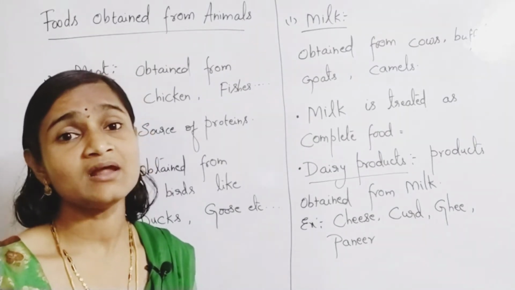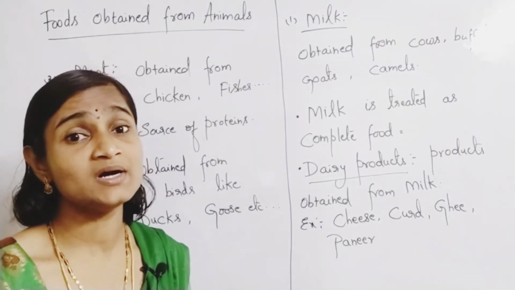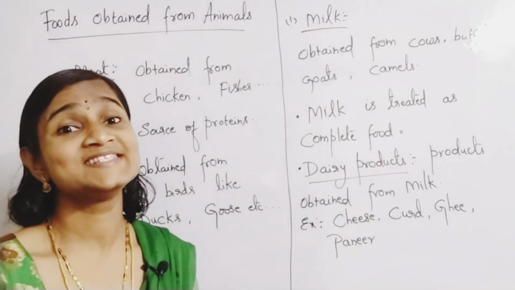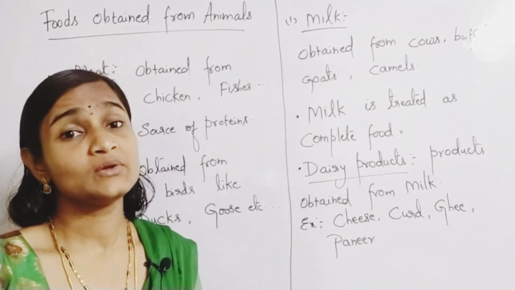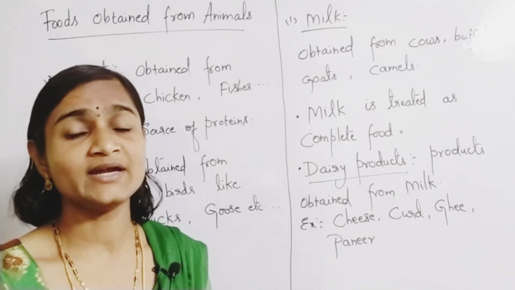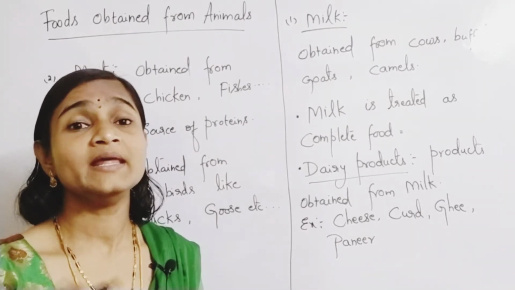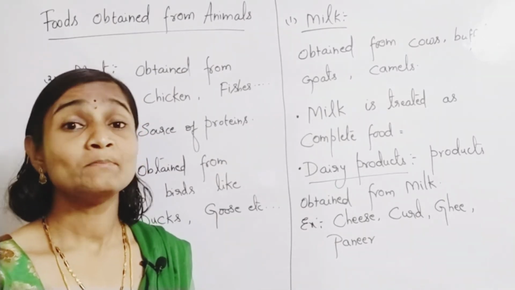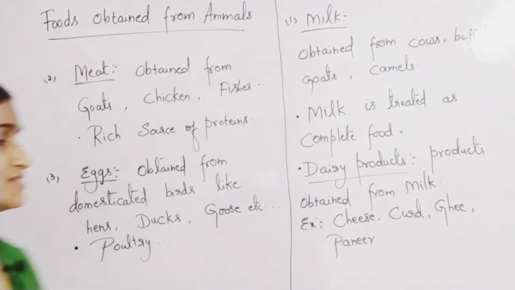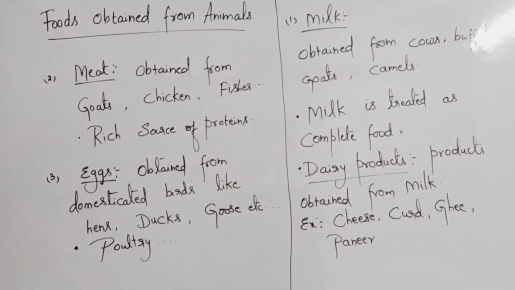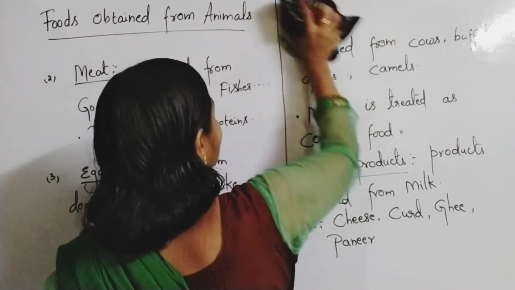Birds which give eggs for us, like hens, goose, and ducks, are domesticated in a place called poultry. So eggs are the third type of foods obtained from animals, means animal sources, right?